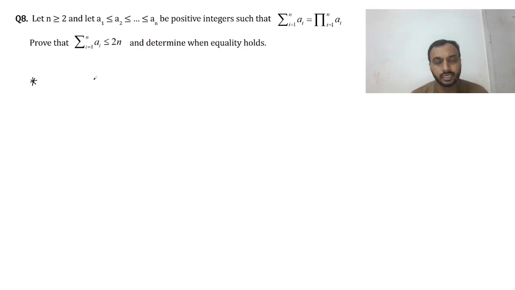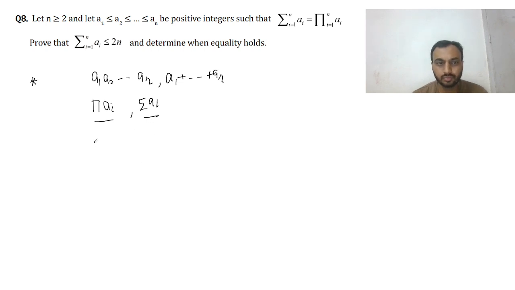Now if I say I have a product a1 a2 up to ar, where ai is greater than or equal to 2, right? And the corresponding sum is a1 up to ar, or I can represent it in this form, and this is summation of ai. So this value is greater than or equal to this.